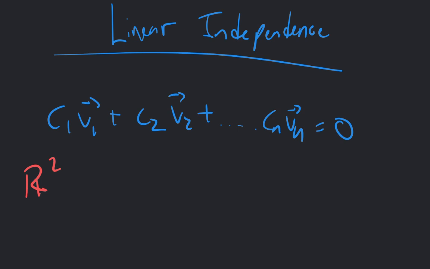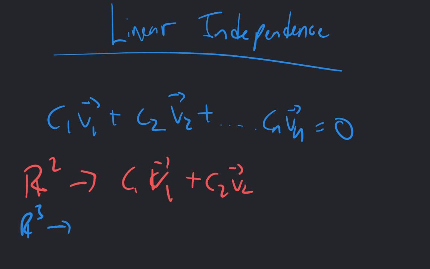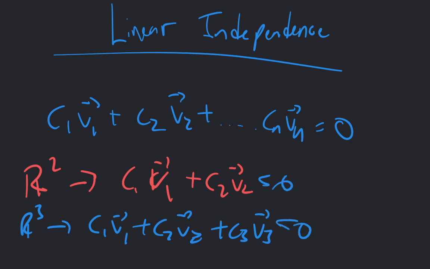If it's in R2, the most linearly independent vectors you can have is C1v1 plus C2v2, two vectors. When it's R3, now we have three vectors. And these are all equal to 0.